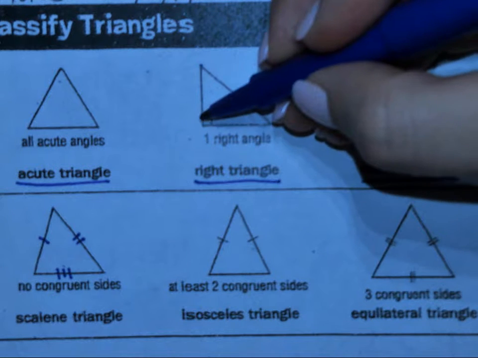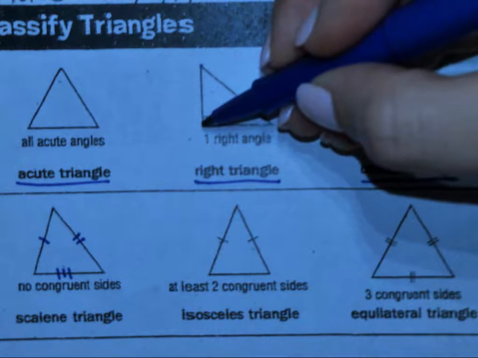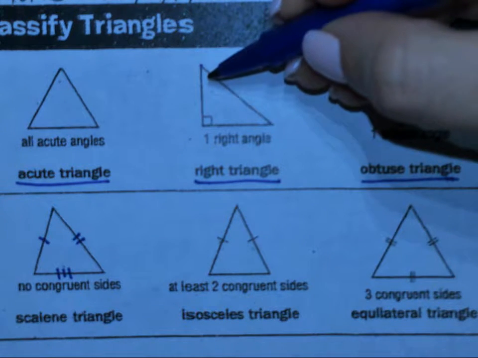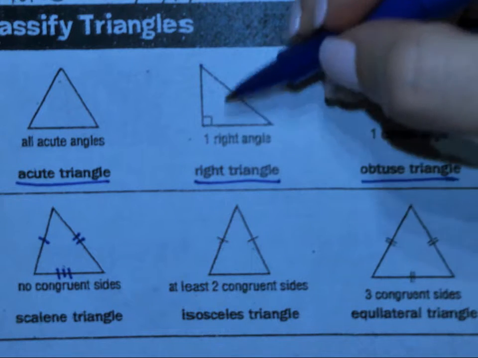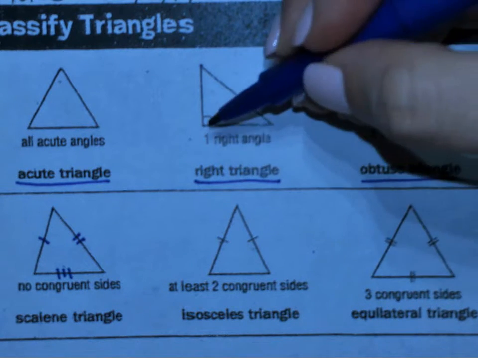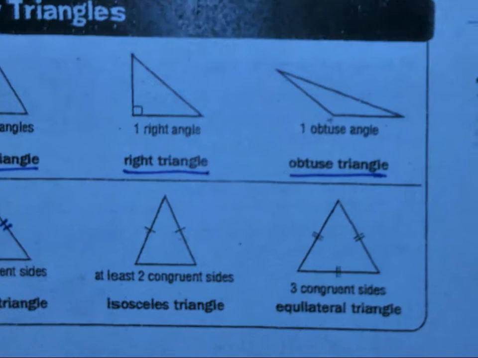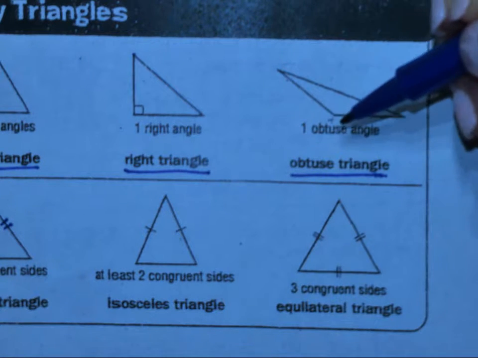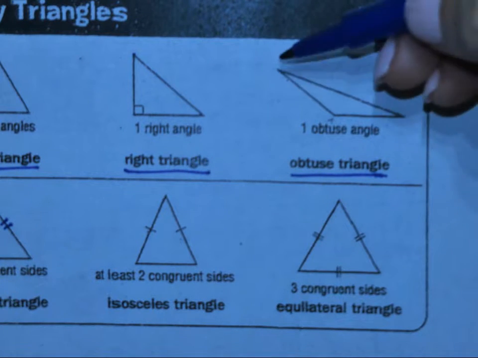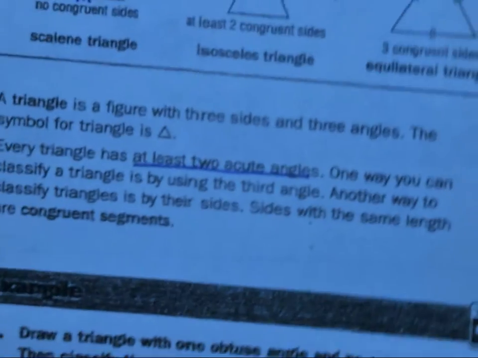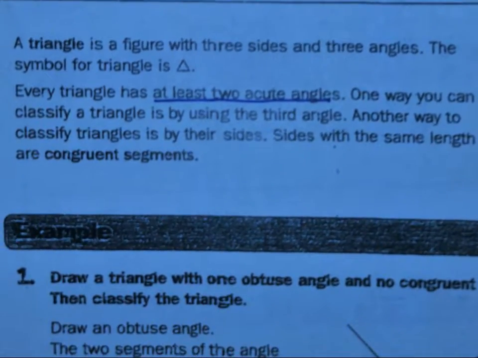If they are right, they would have a square right here. They're acute. Those are smaller than 90 degrees. So I have 2 acute angles, 1 right angle. Over here, I've got 1 obtuse, and then we already said that these angles were acute, right? So it just told me that at least 2 of those angles have to be acute in a triangle.